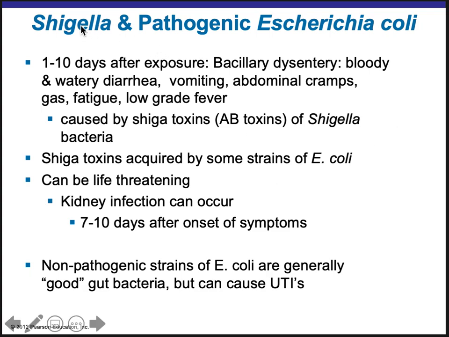And what we see, and the other reason why it's of significance to talk about, is that we now have a few different strains of E. coli that are pathogenic, and it's because they got these genes from Shigella. So Shigella had these plasmids for these toxins and shared them with E. coli, and so now we have strains of E. coli that are pathogenic.